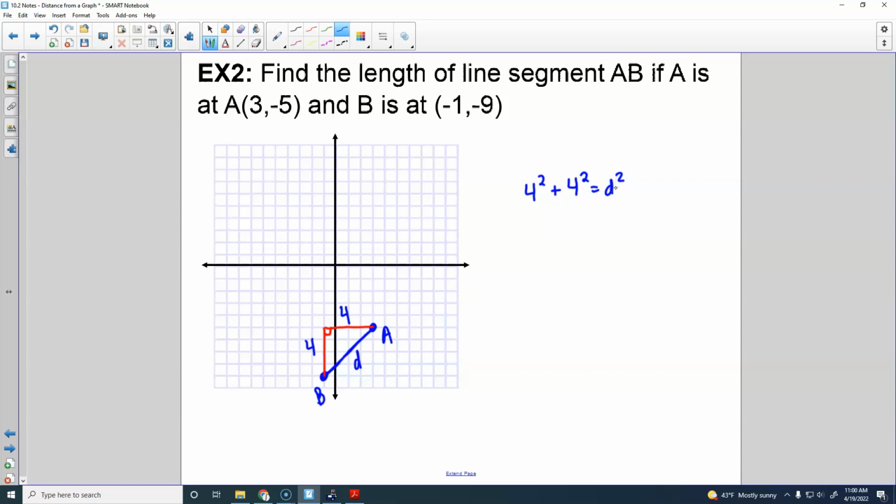Very good. And 4 squared is 16. So 16 plus 16 gives you 32 equals D squared. And then, Jada, what's the last step? Square root. And tell me what we get whenever we square root 32.